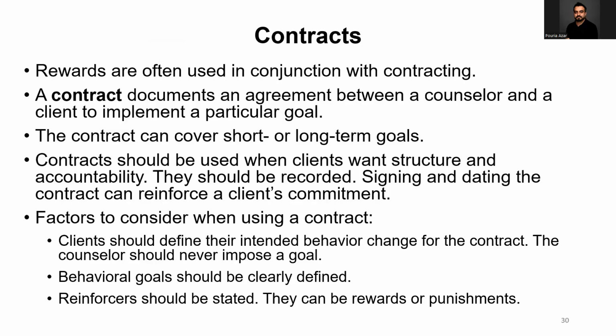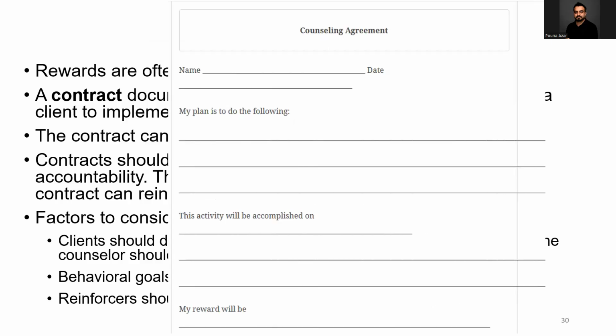We need to also state the reinforcers, both rewards or punishments. And clients should define their intended behavior change for the contract. And we need to sign and date this contract, by ourselves and by the client.